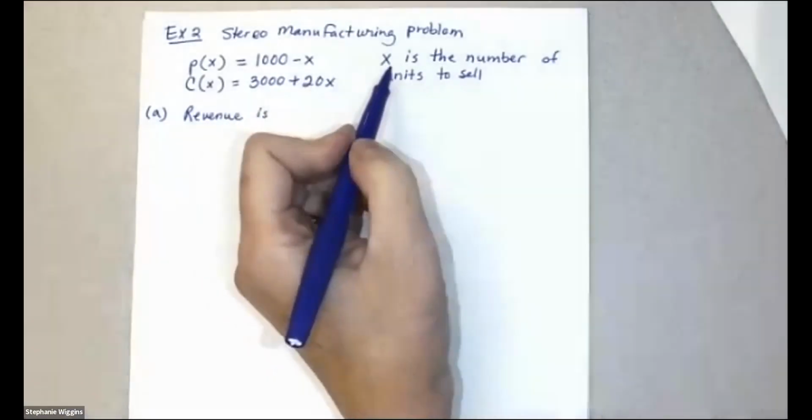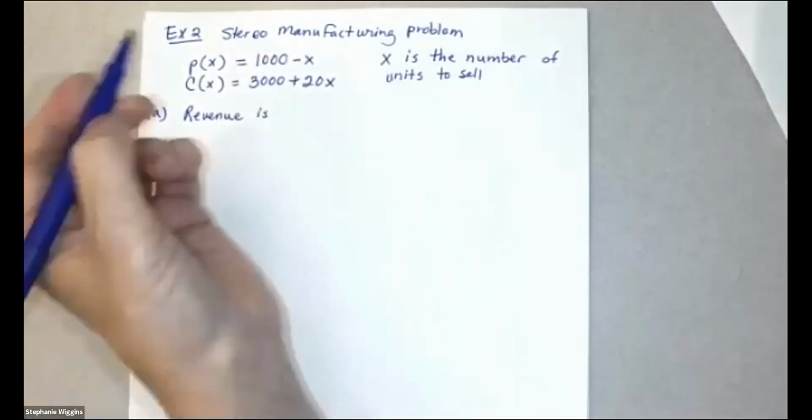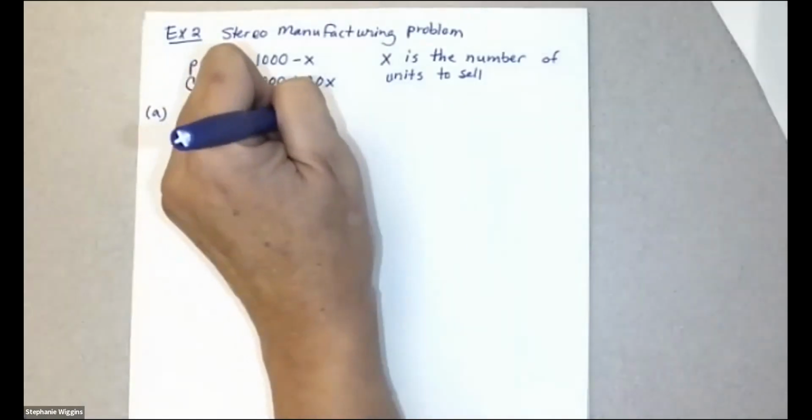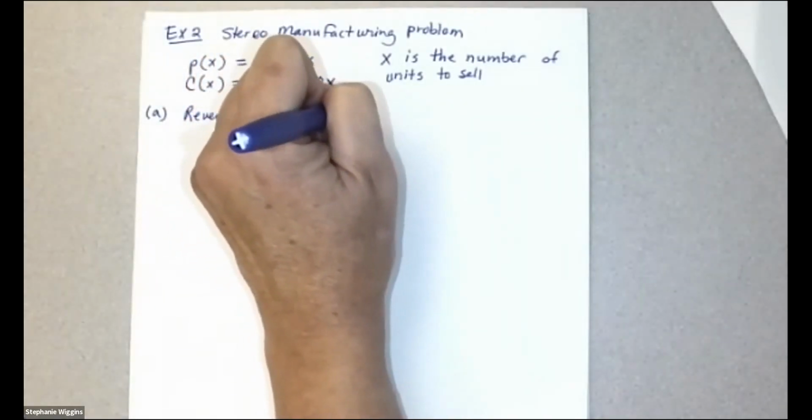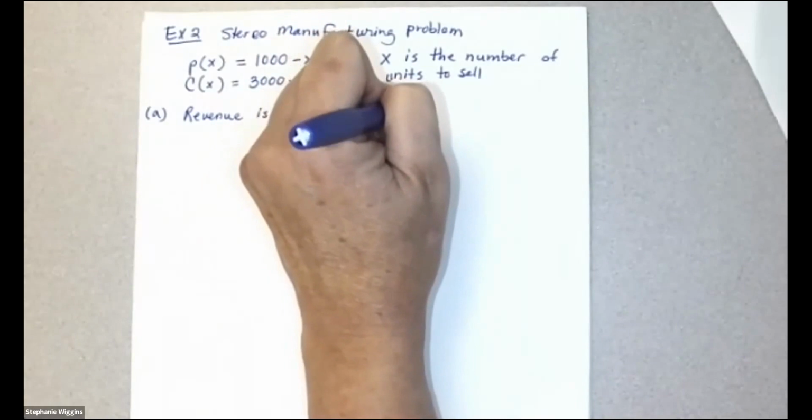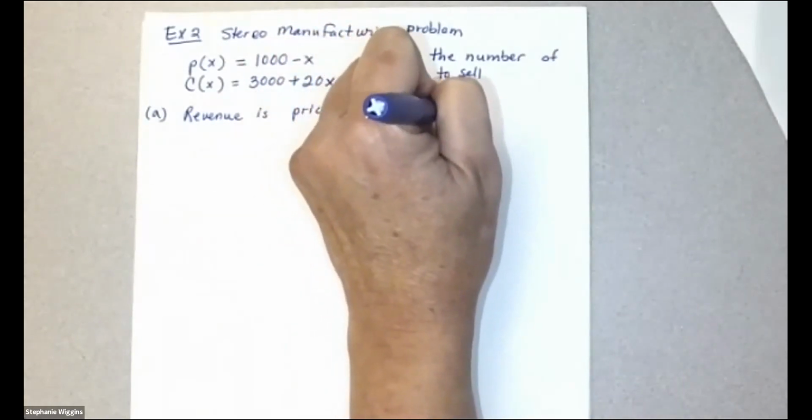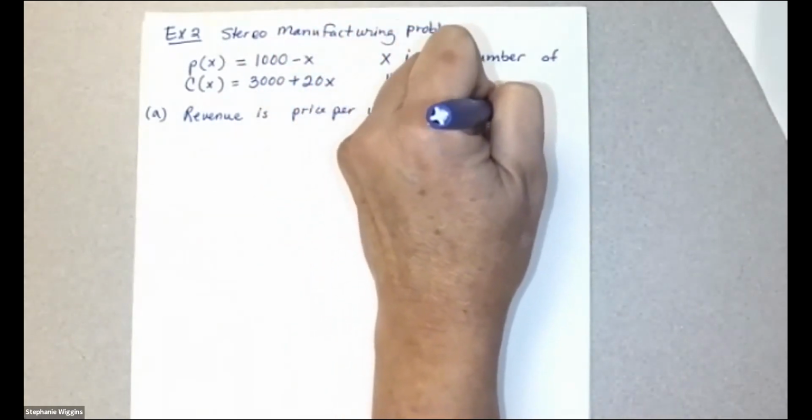So the revenue is the number of units that you've sold times the price. So it's the price per unit times the number of units.